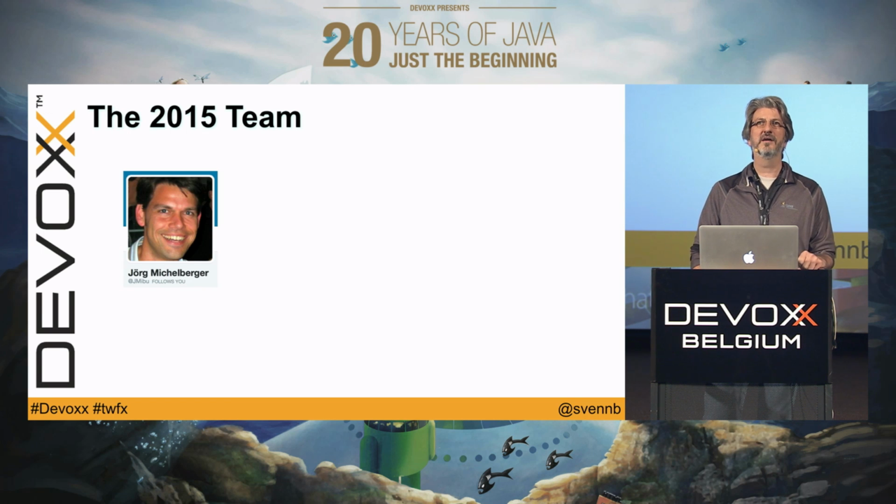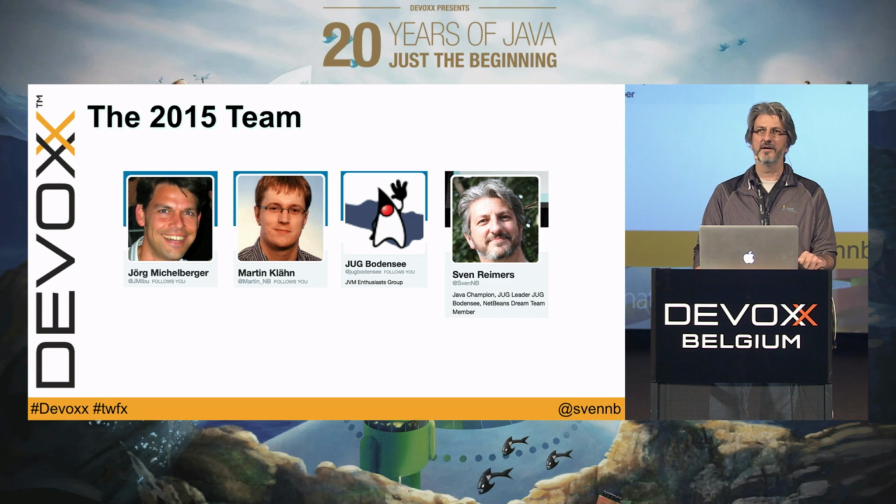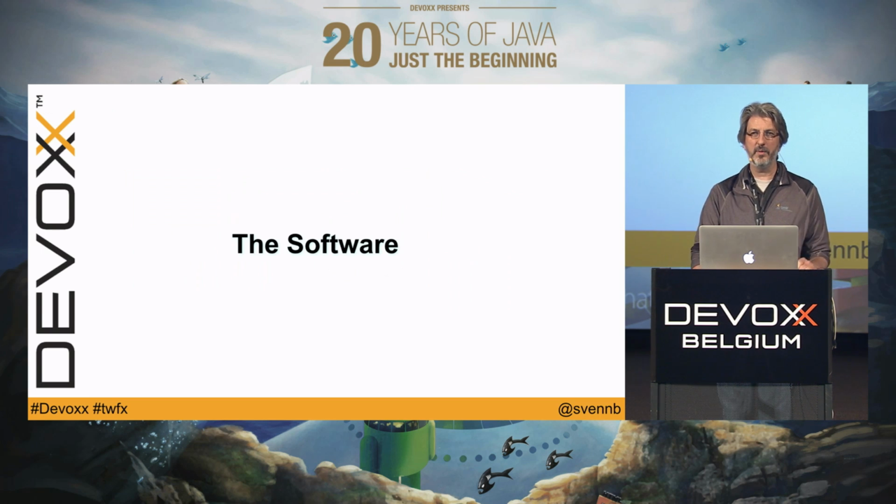My JUG really did an awesome job. People from my JUG, Jörg and Martin, and the whole JUG tried to keep this project alive the whole time for the year. And we tried to add all this nice stuff, get the code cleaned up, and make it publicly available. So that's where we are now.